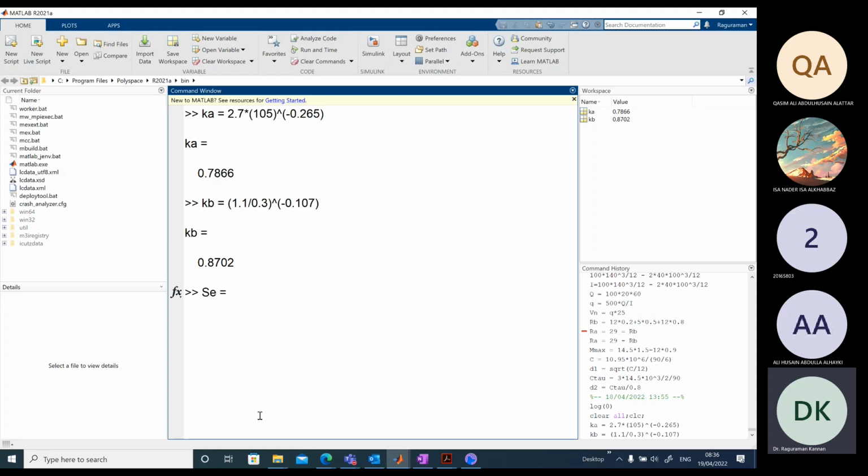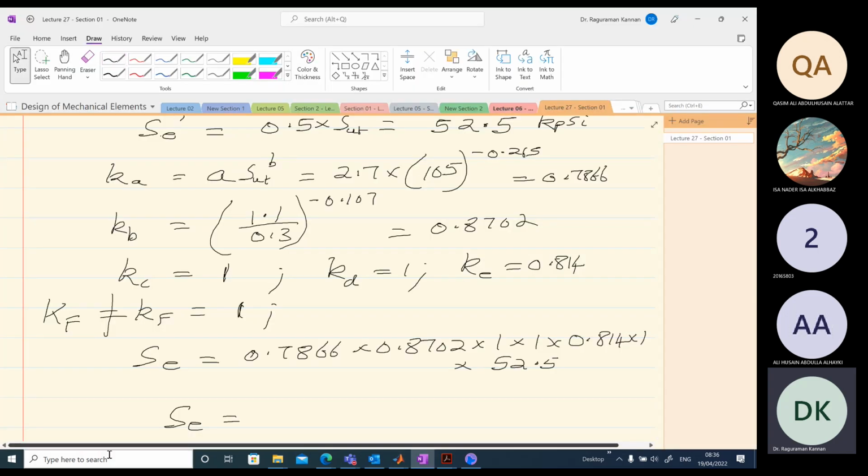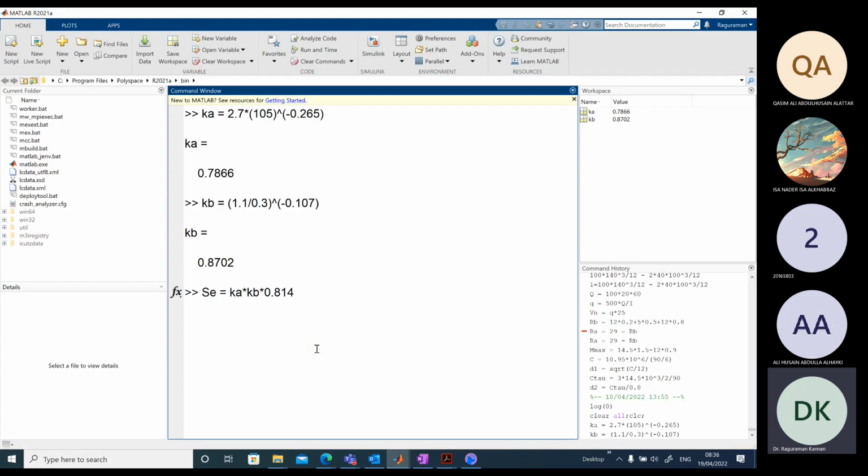So it should be Ka, Kb, Ke is 0.814 and there is no other value, so we need not worry.